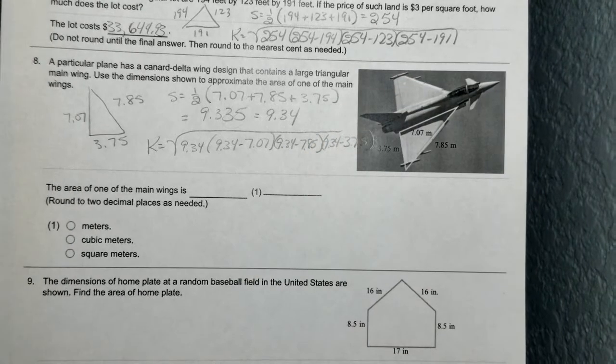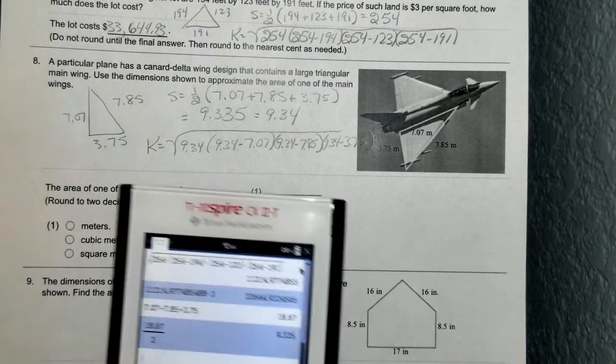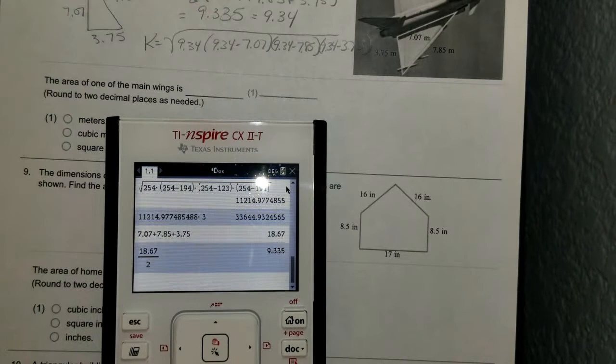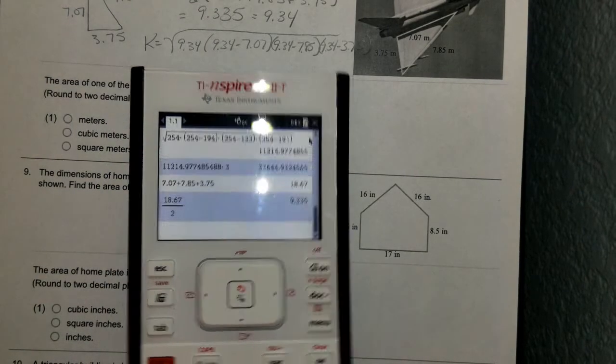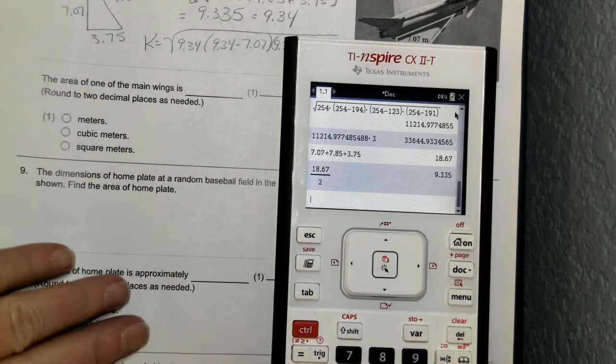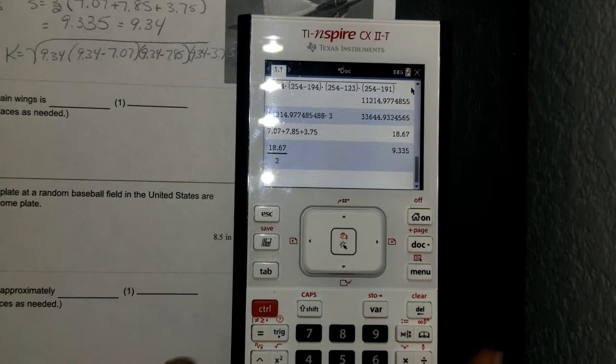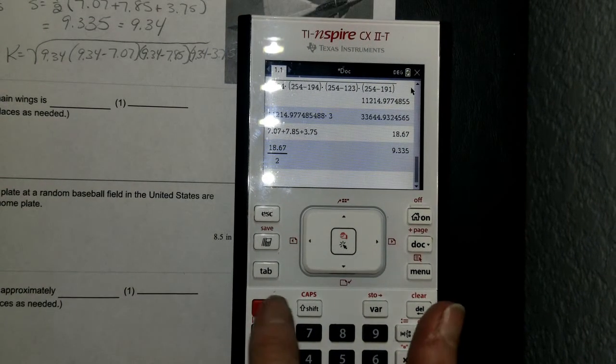Kind of went over there. Hopefully everything stays in, so let's see if I can get this all in the same visual. Okay, there we go. So control square root.